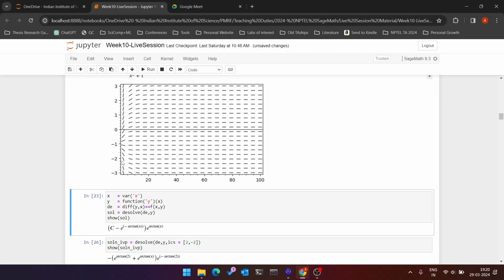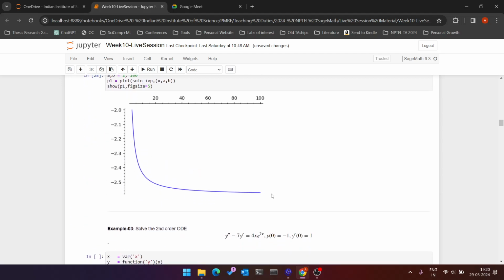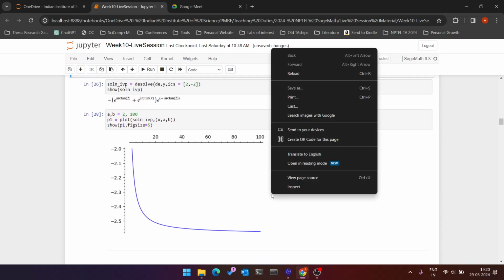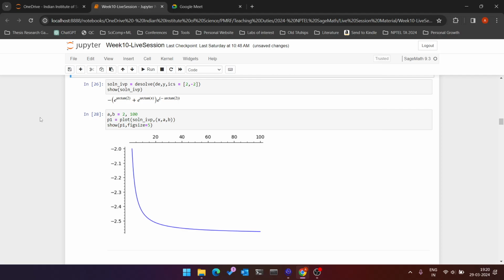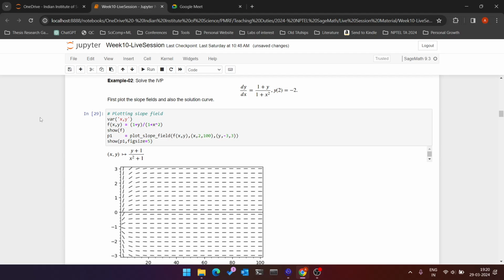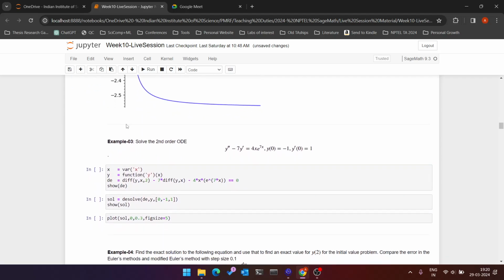So this is where we start off, and this is how the line saturates. So the solution also follows the same nature and same values. Okay, any doubts with this one so far? If not, we'll continue with the third example.